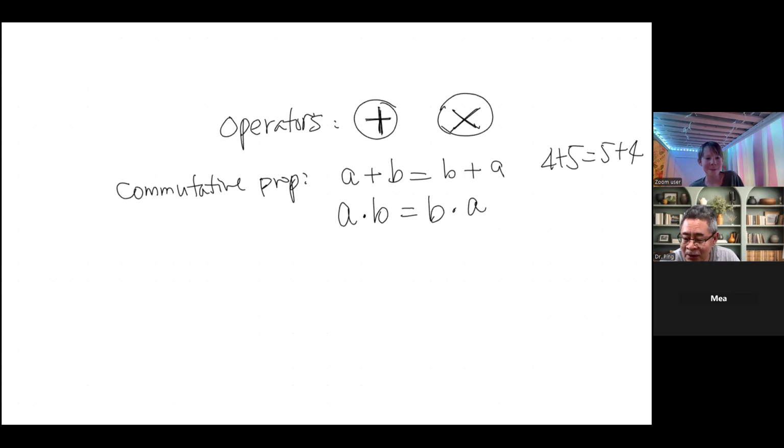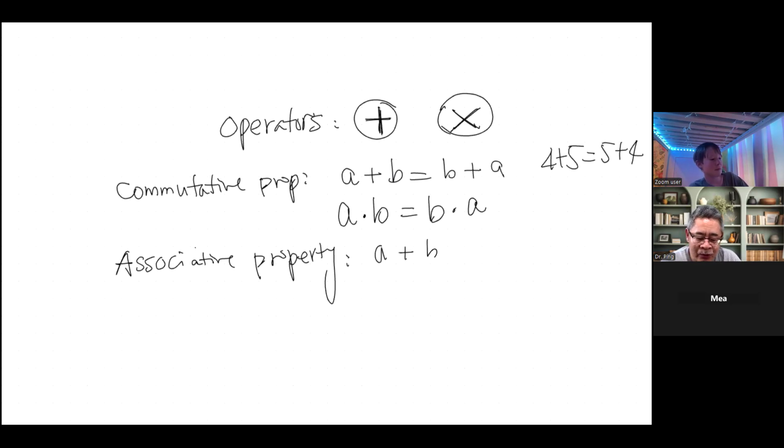Then the next set is the associative property. We have three numbers, A plus B plus C. Which two do we start with? Because it's addition, it really doesn't matter which two. You can do these two first, or you can have B plus C go first.